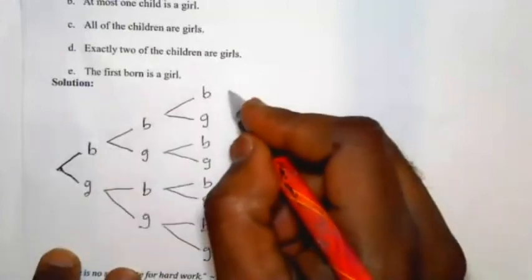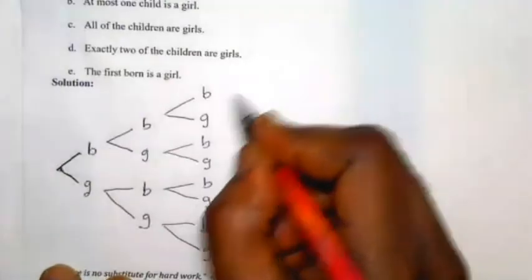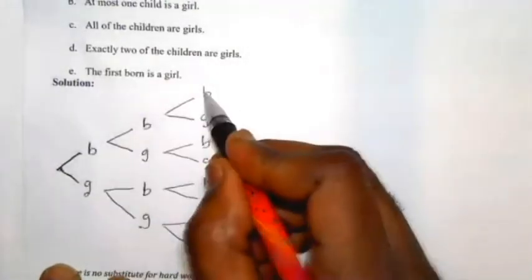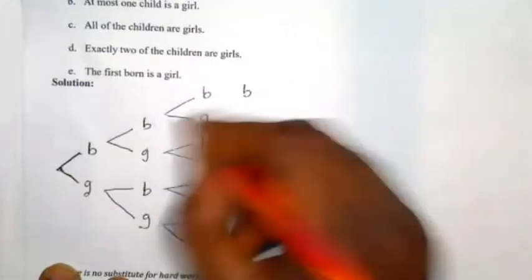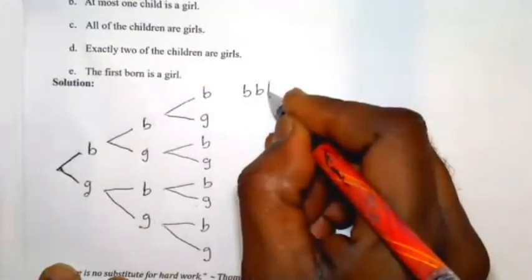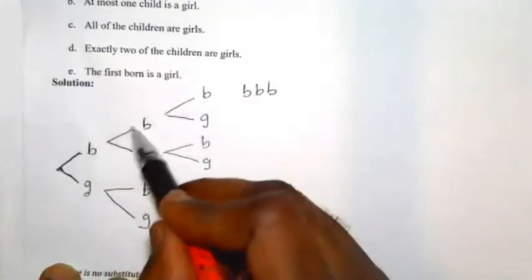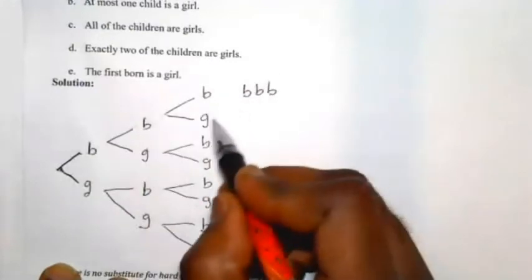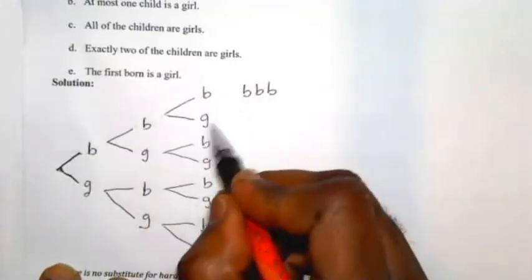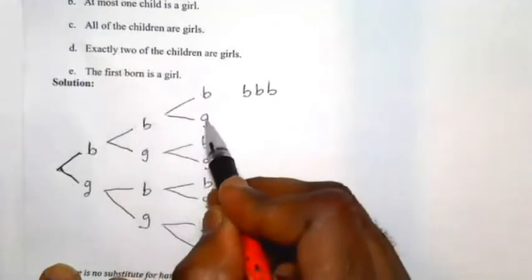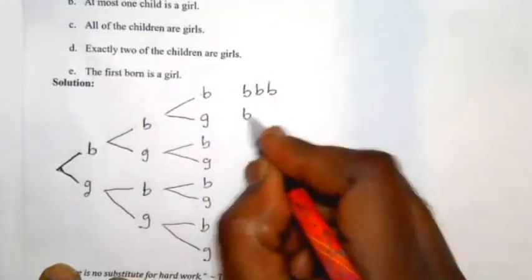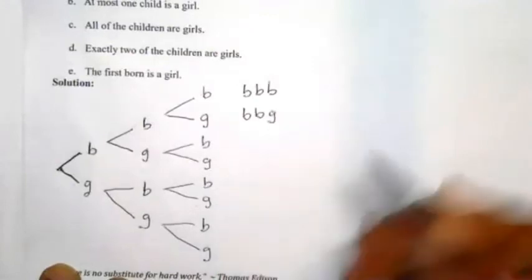The first outcome is boy, boy, boy. So that's boy, boy, boy, right? Then the second outcome could be boy, boy, and girl.